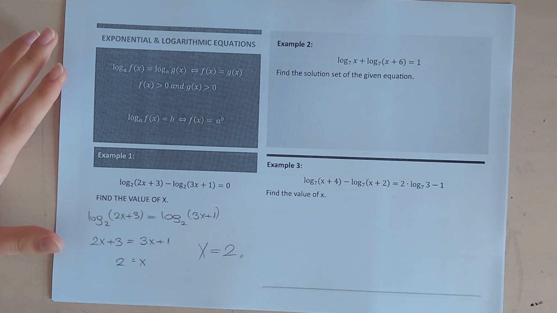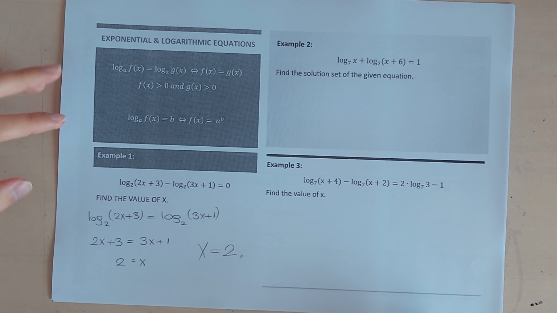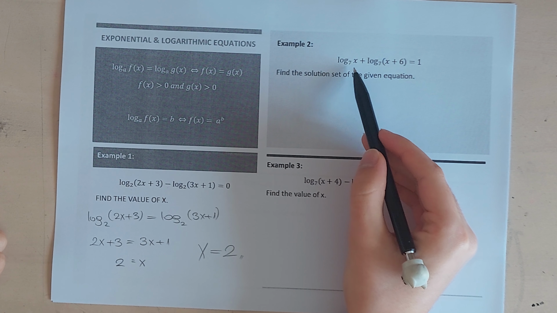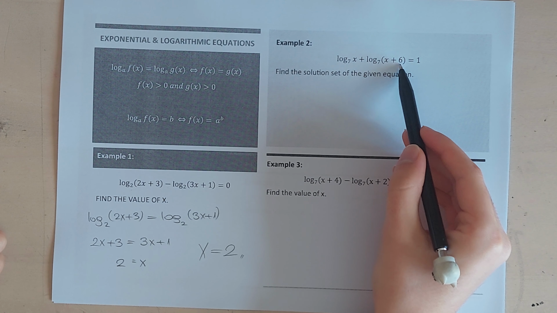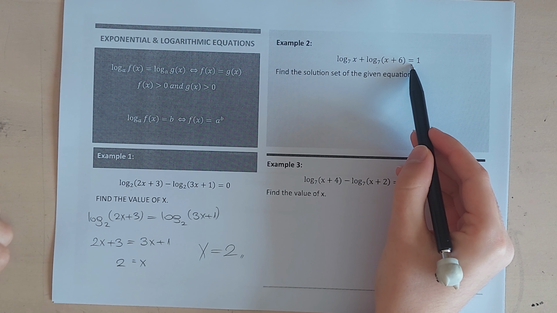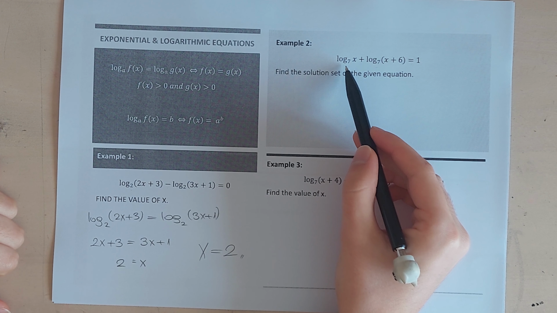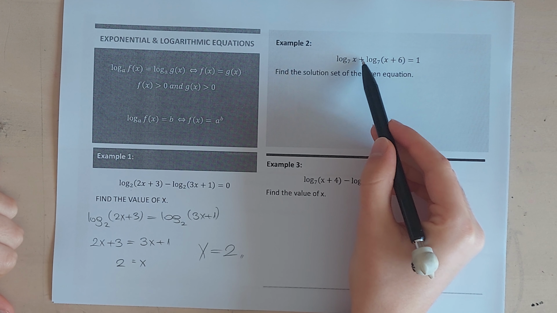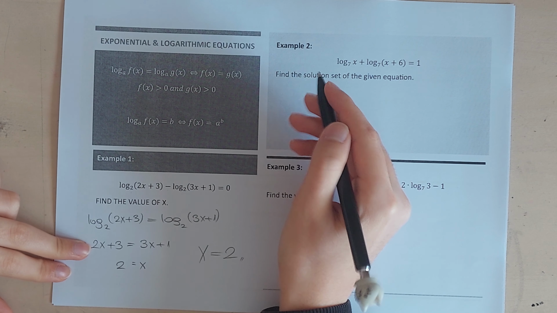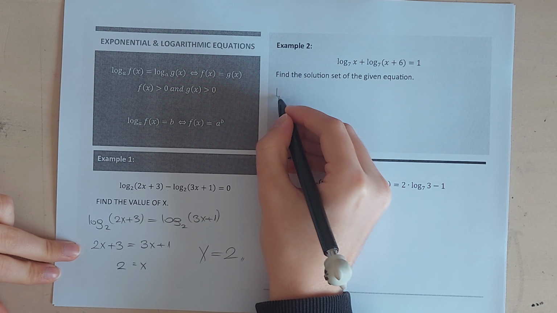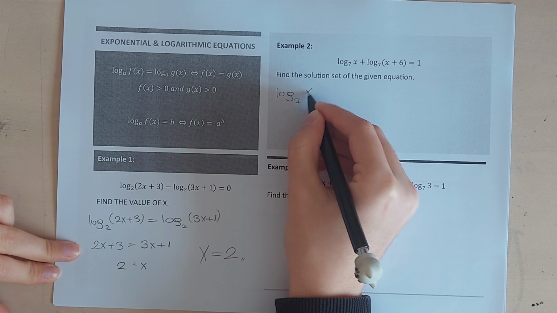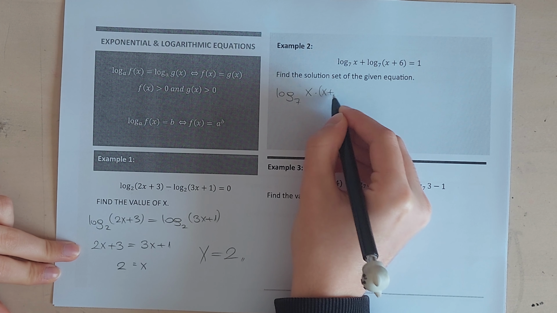Okay, example 2. Find the solution set of the given equation. We are given logarithm of x to the base of 7 plus logarithm of x plus 6 to the base of 7 is equal to 1. Did you realize that both of their bases are 7 and there's a plus between them? So I can rewrite this as logarithm of x times (x plus 6).